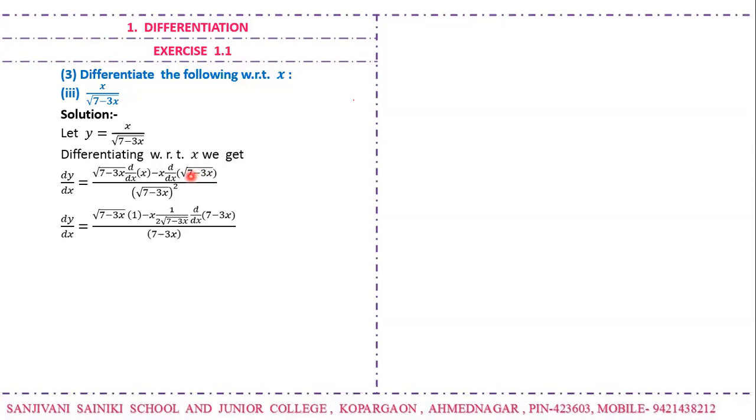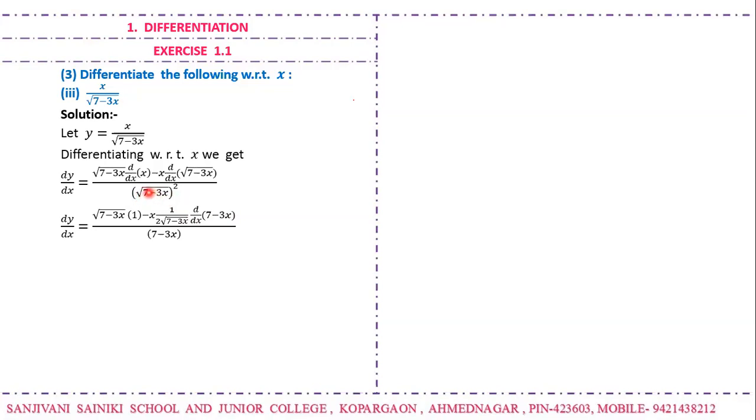Now root of 7 minus 3x is nothing but root f of x. Its derivative is 1 upon 2 root f of x into f dash of x. So what you get? 1 upon 2 root 7 minus 3x into d by dx of 7 minus 3x. And in denominator, square of root 7 minus 3x.